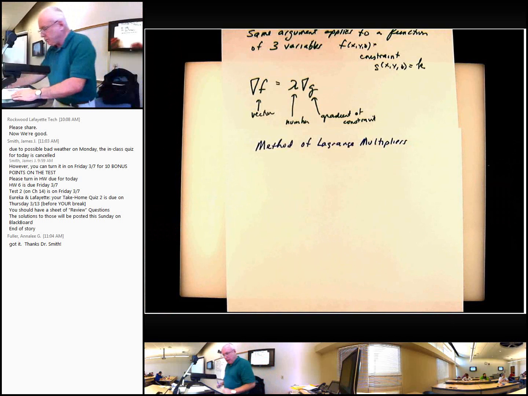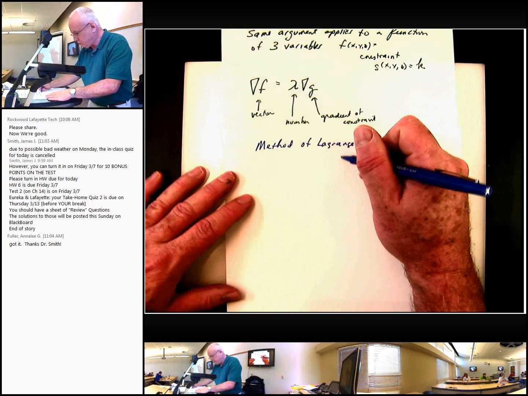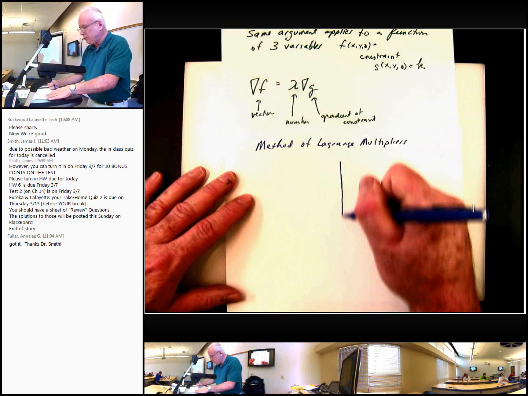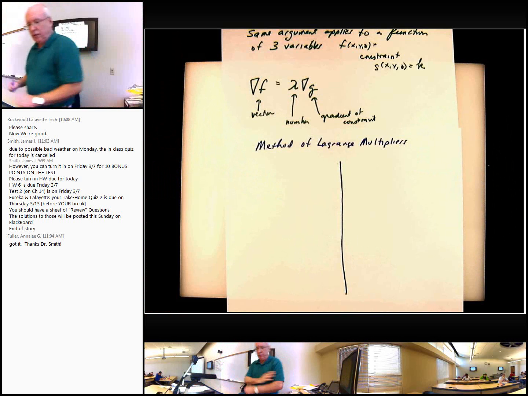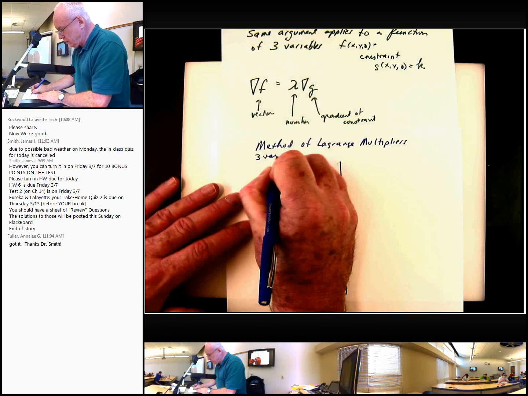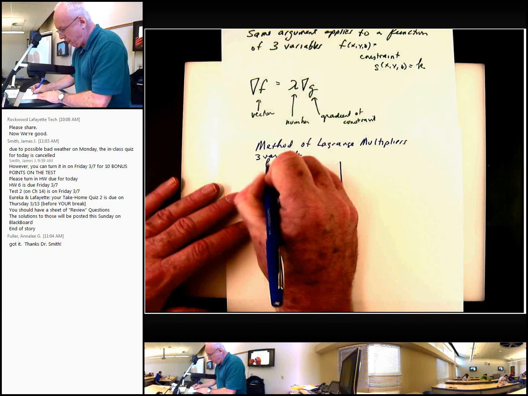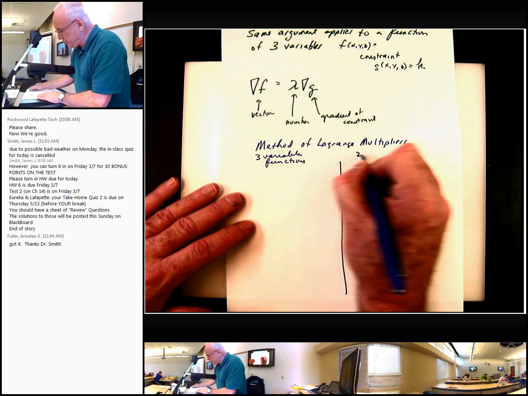I'm going to do two columns here because they're so similar. The first column is going to be for 3 variable functions, and the second for 2 variable functions.